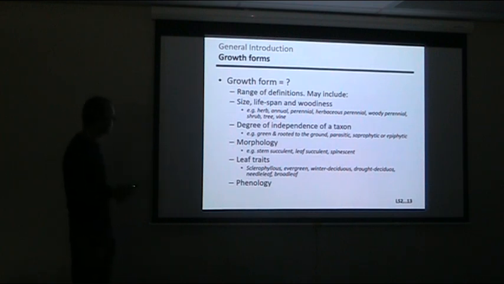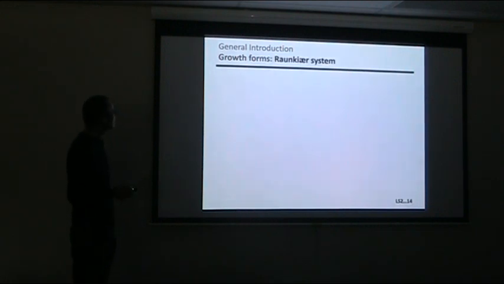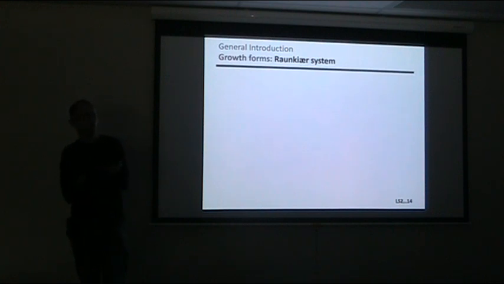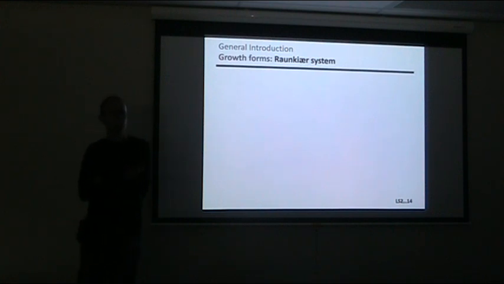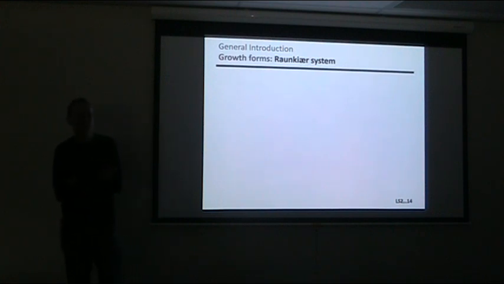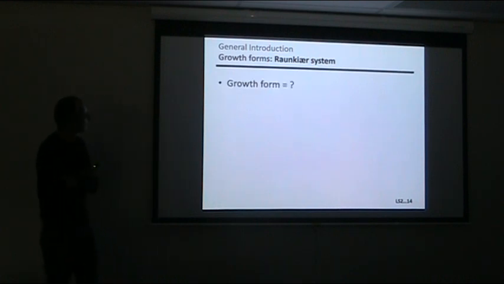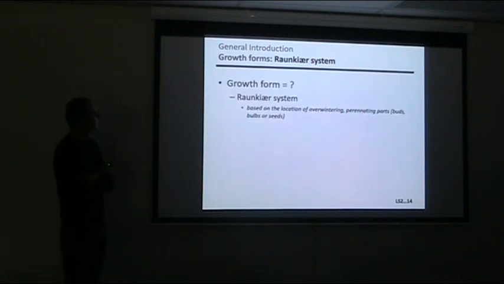Not all problems are nails. This is one very popular system, the Raunkiaer system. I see some nods. Are you familiar with this? Anyone else know the Raunkiaer system? It's got a lot of jargon in it, unfortunately, so I will cover it again.